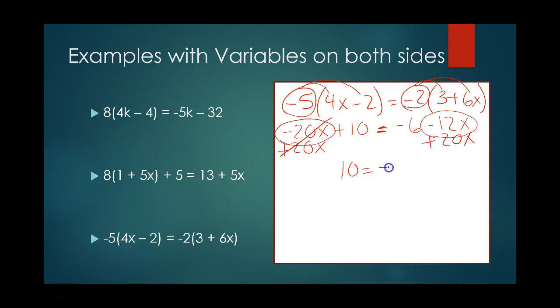But now when I get over here to the right, negative 12 plus 20 is going to pull that positive. Now we'll add 6, get 16 equals 8x, divide by the coefficient, and get 2.